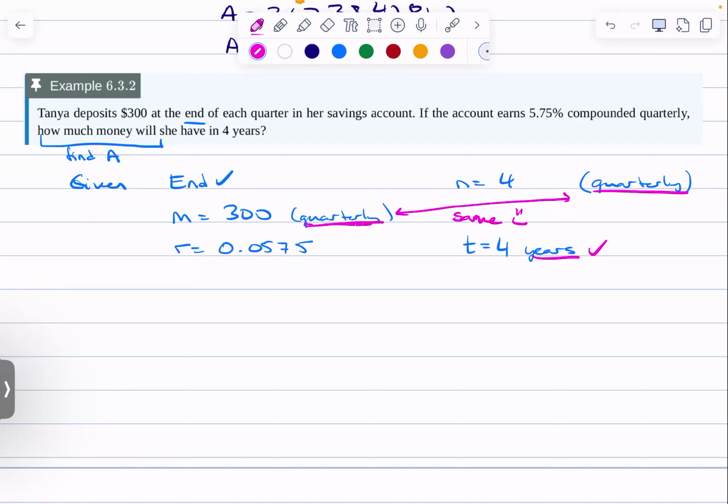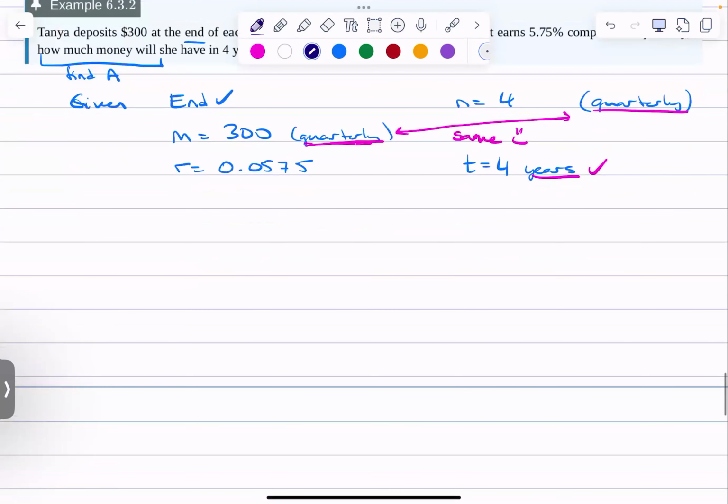Lots to keep track of. But we want to find A, and we have a formula for A, which takes into account our regular payments, our quarterly payments. So now we're ready to go. A is n times 1 plus r over n to the n times t minus 1 divided by r over n.